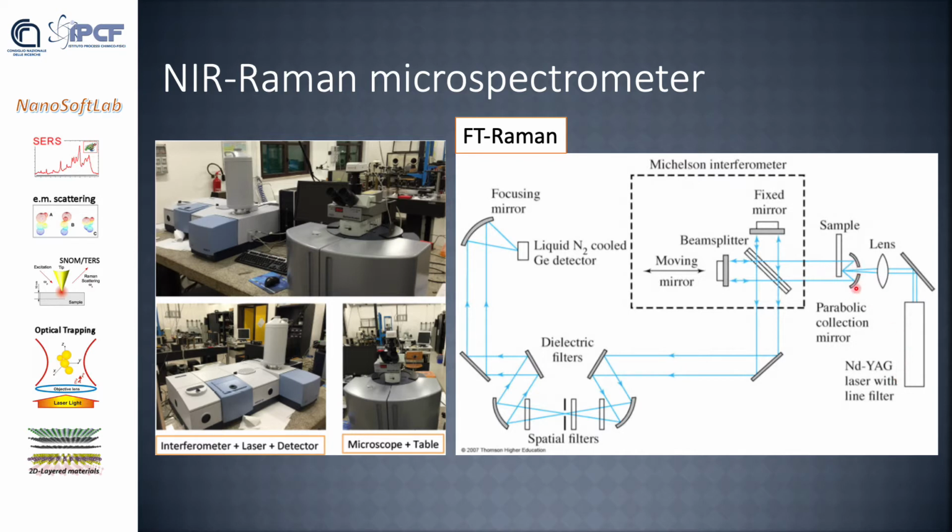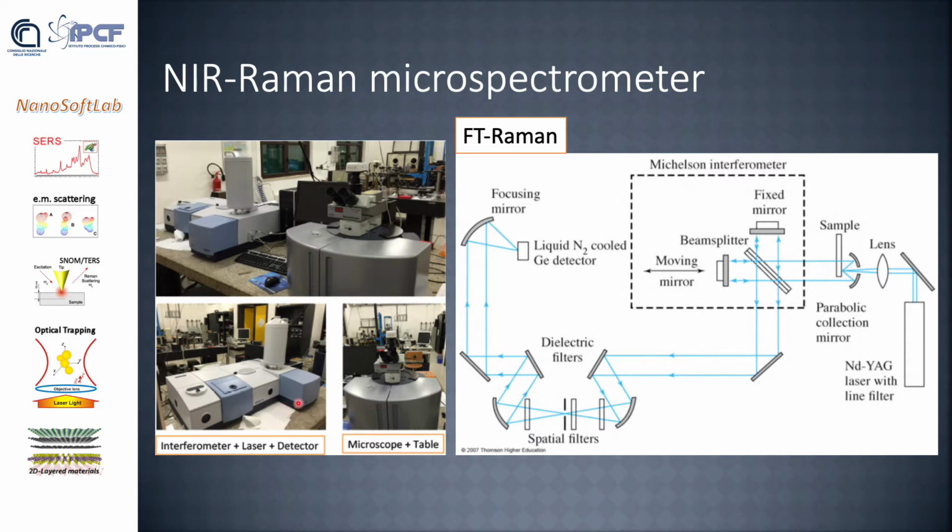The backscattered light goes through a Michelson interferometer that allows for spectral separation of the energy components, and from this, through some special filter and dielectric filters, the light is focused into a germanium detector.